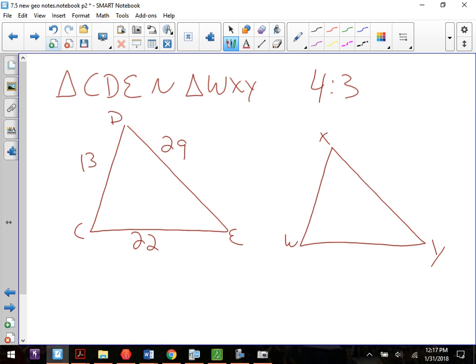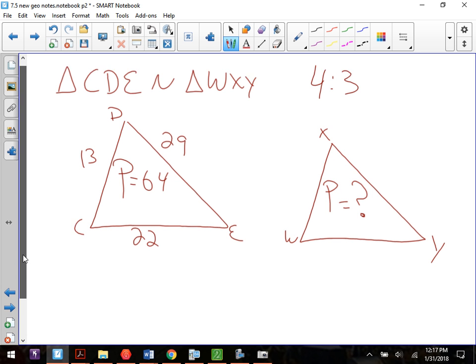Good conversation. So if we add those up, we get 13 and 22 is 35, excuse me, 35. 35 and 29 is 64. So the perimeter going from left to right, my perimeter here is 64. The perimeter here is, when it gives you the ratio in terms of the colon, 4 to 3, what goes in the numerator, the 4 or the 3? 4, good.